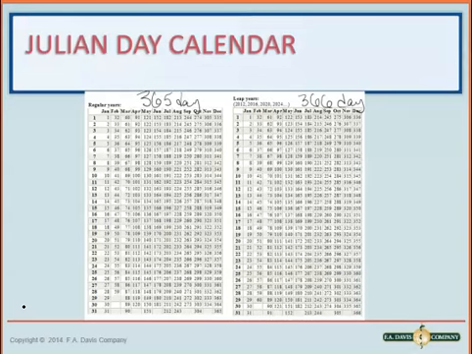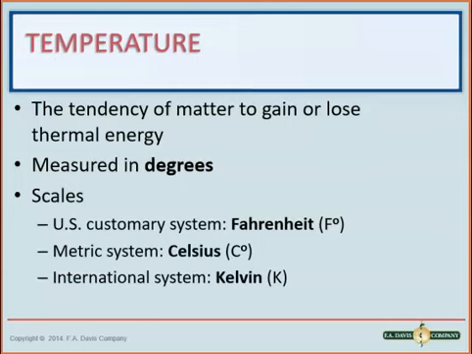The next unit of measurement we're going to talk about is temperature. And temperature is the tendency of matter to gain or lose thermal energy. And it's measured in degrees. Okay, and there's some different options out there for units with our different systems. In the U.S. customary system, we use the Fahrenheit system for temperature.